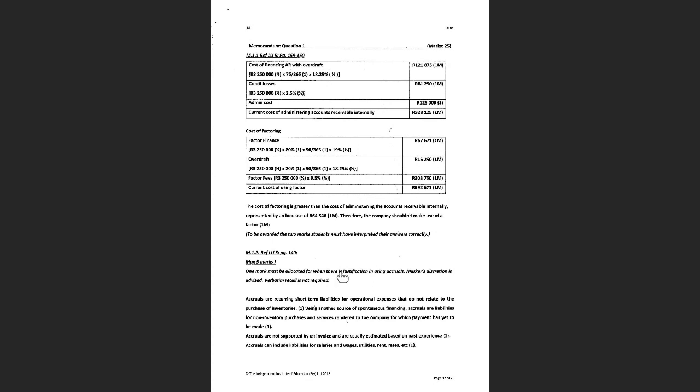So there's 1 mark for stating when they would be justified, and the other 4 marks are then for explaining what is meant by the term accruals. Okay, so remember also to break the question down. If they said explain what is meant by accruals and justify when financial managers would use them, you must answer both parts of those questions to get all 5 marks.